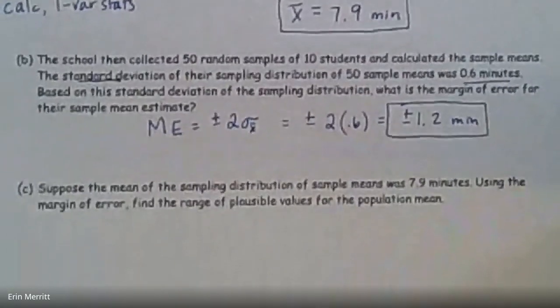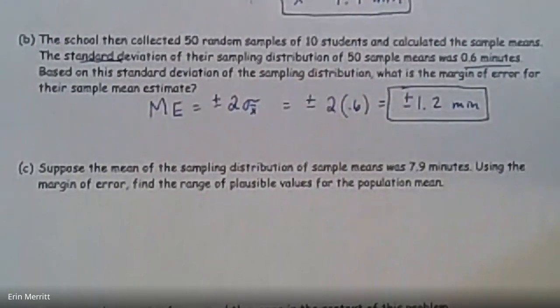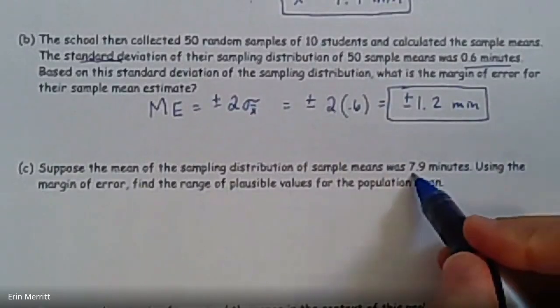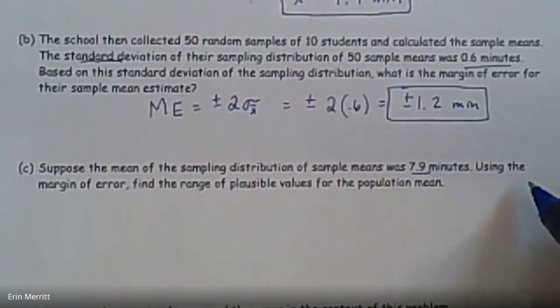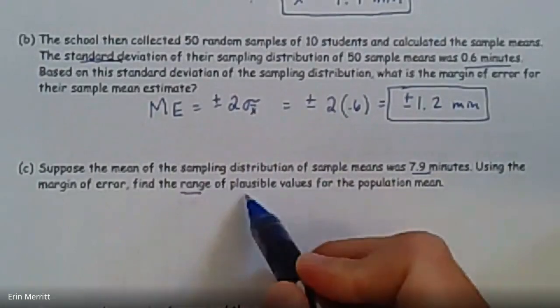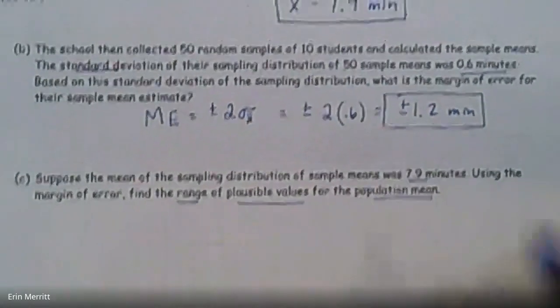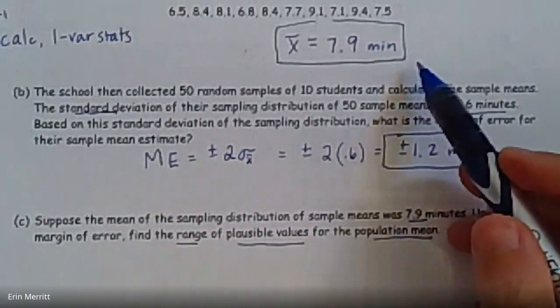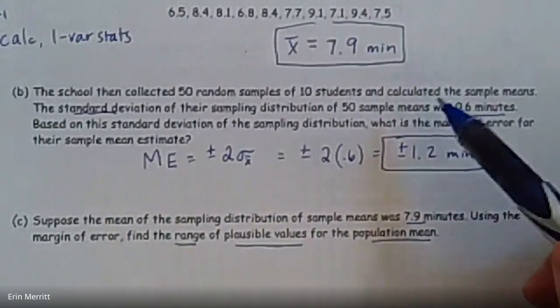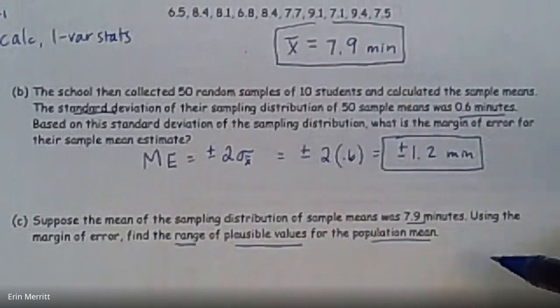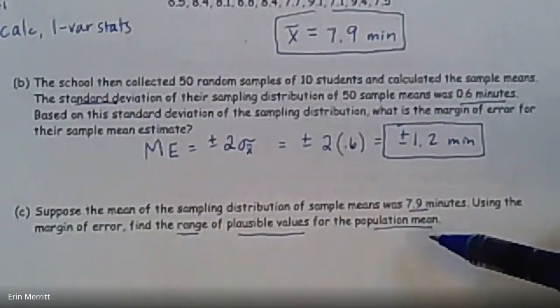So what does that mean for us? Well, suppose the mean of the sampling distribution was 7.9 minutes, which is what we found. Using the margin of error, find the range of plausible values for the actual population mean, right? Because that 7.9 minutes was for that one group. So if they did the mean of all the sampling distributions, they ended up with about the same thing.